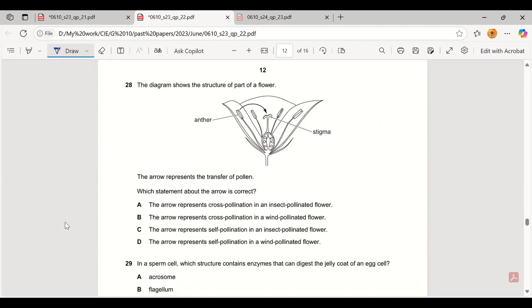The diagram shows the structure of part of a flower. The arrows represent the transfer of pollen. Which statement about the arrow is correct, Mariam?